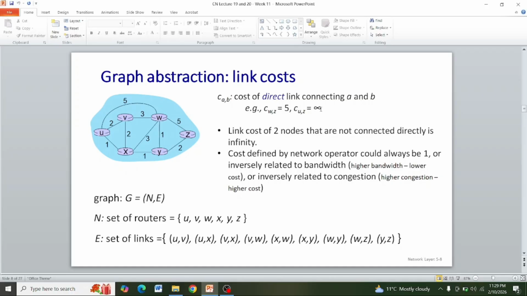Why is it infinity? It is infinity because the nodes U and Z are not directly connected. Therefore, we learned that in case the nodes are directly connected, then we will take the cost of that link. However, in case the nodes are not directly connected, then we will assume the link cost equal to infinity.